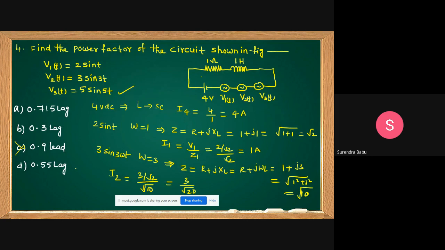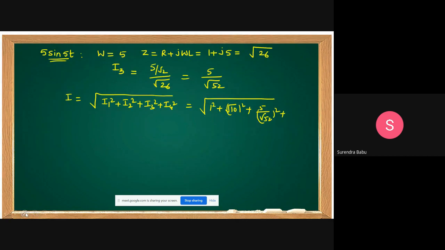Is it root 10? 3 by root 20. Sorry, I3 is 3 by root 20 whole square. Yes, 5 by root 52 whole square.